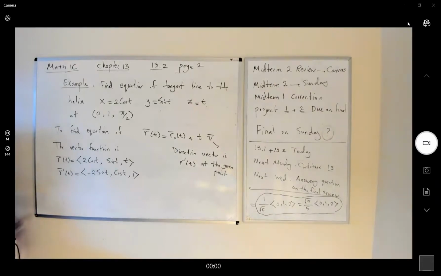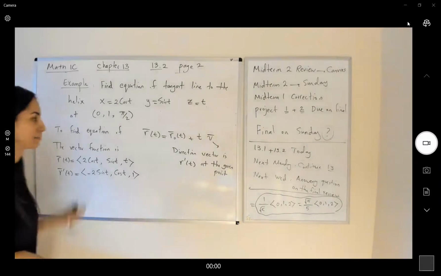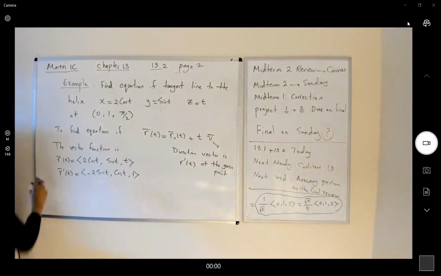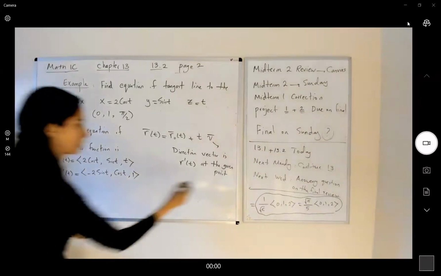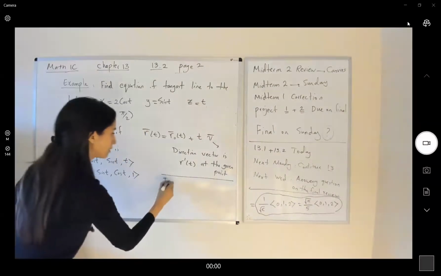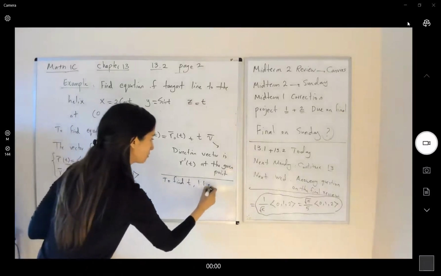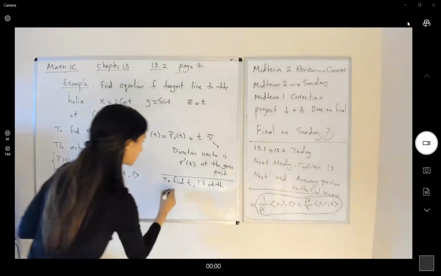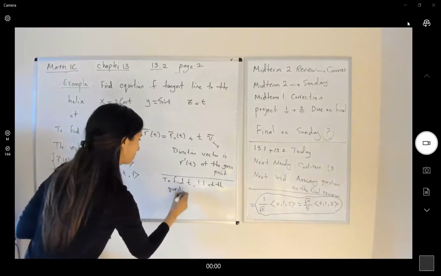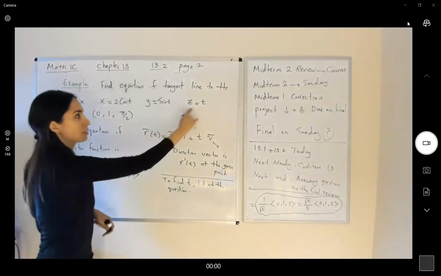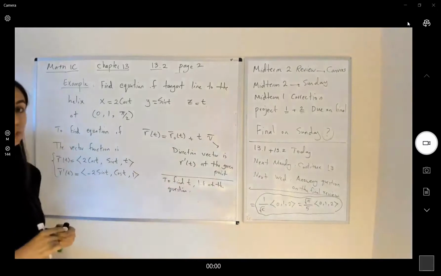Okay, so what is t? Keep this one here. To find t, look at the question. The question says z is equal to t.